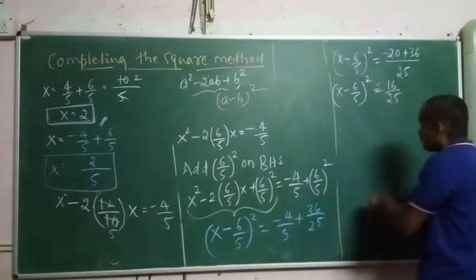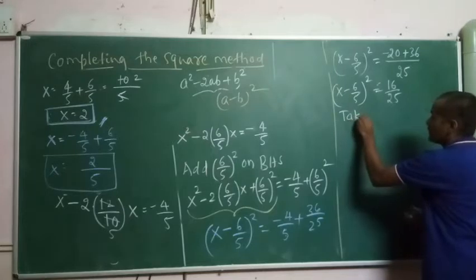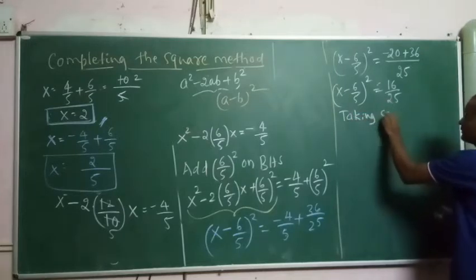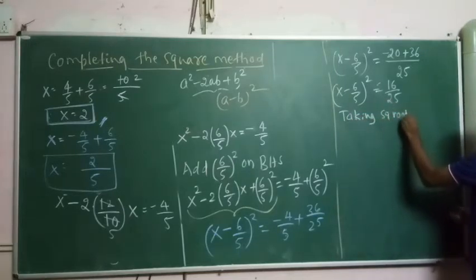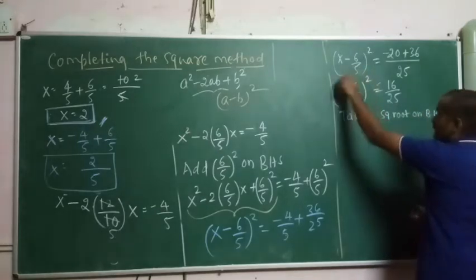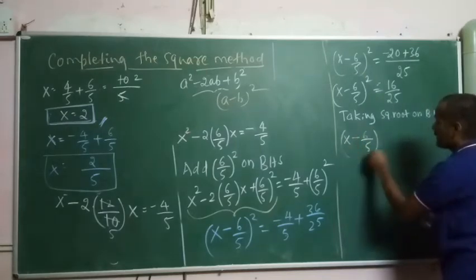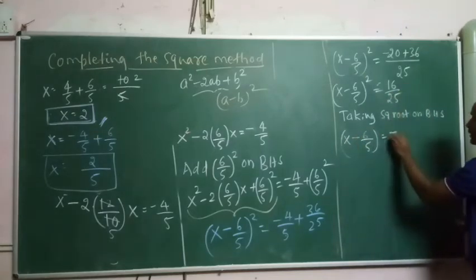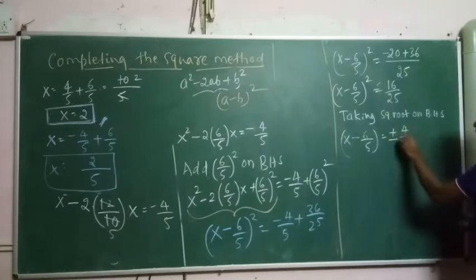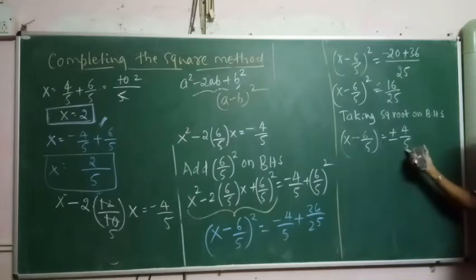Okay, now I will write, taking square root on both hand sides. Take the square root of this. x minus 6 by 5 is equal to, if you take the square root, plus or minus 4 by 5. The square root of 16 is 4, the square root of 25 is 5.